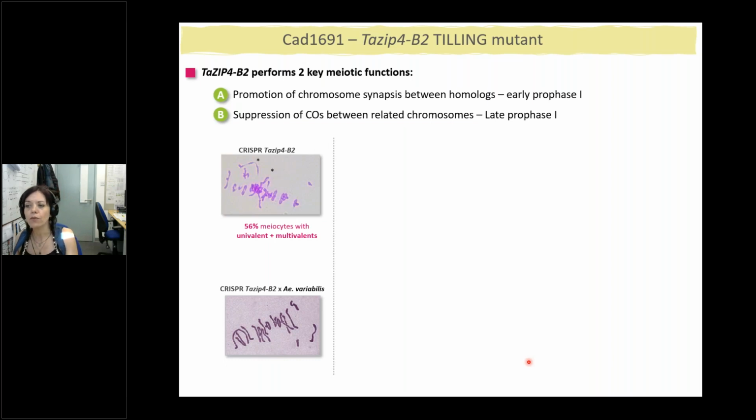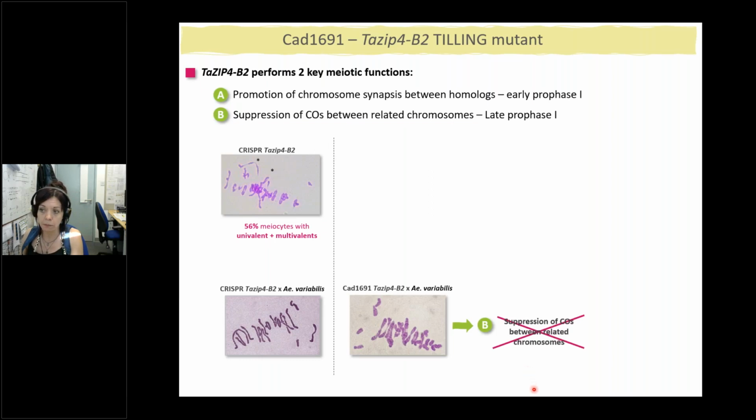However, something was different with one of the ZIP4 mutants that I mentioned before, the one with the missense mutation. So the hybrids between this mutant and wild relatives showed the same level of crossover increase as the CRISPR and the Ph1b mutant, which indicates that it has lost the second effect, the ability to suppress crossover between related chromosomes.